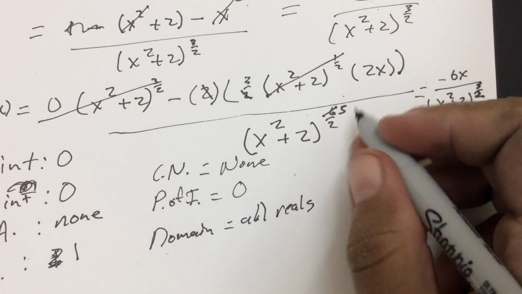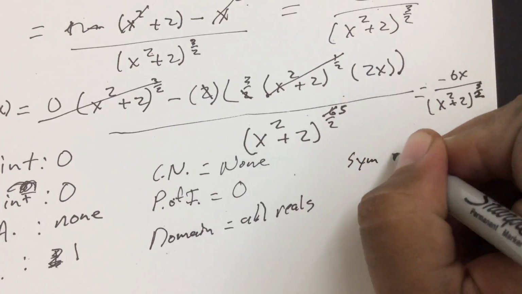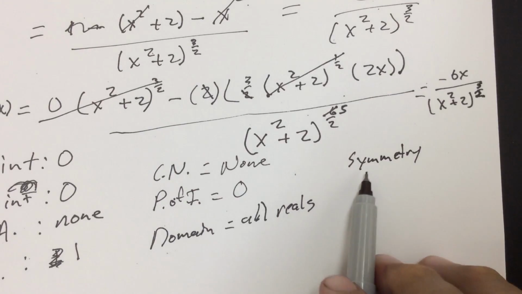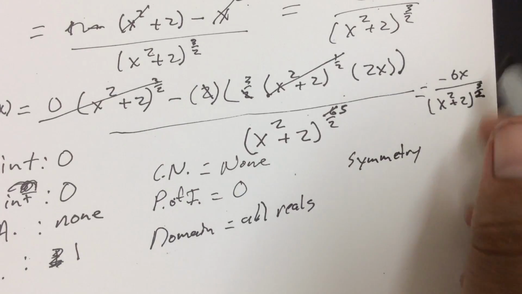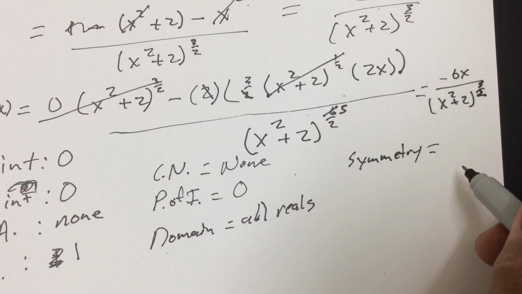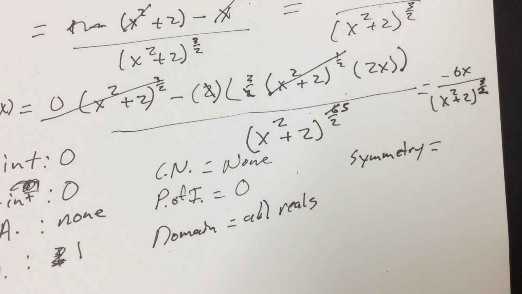And then symmetry. Well, we have x and x squared, so we have some of both. However, I gotta think a minute here.